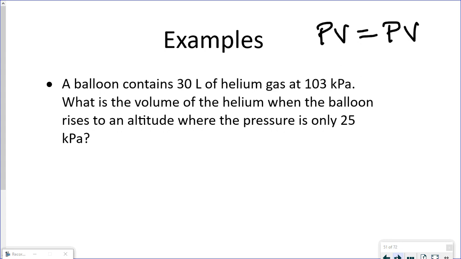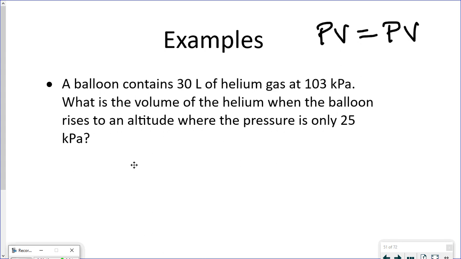So here we have an example of a balloon that has 30 liters of helium gas at 103 kPa. What's the volume of the helium when the balloon rises to an altitude where pressure is only 25 kPa? The hardest part with these is figuring out which variables go on which side together.